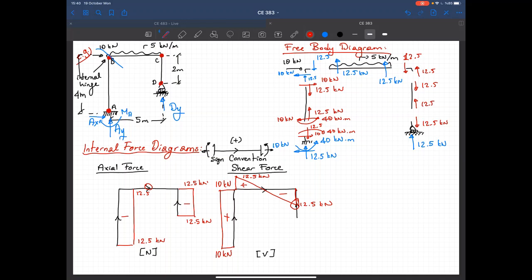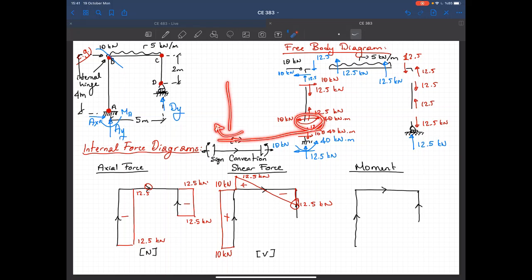And finally, we should have the moment diagram. Again, I will be using this sign convention. Rotate that. So at the bottom, that should be the direction of the moment. And if you take a look at this one, they're in the opposite directions.